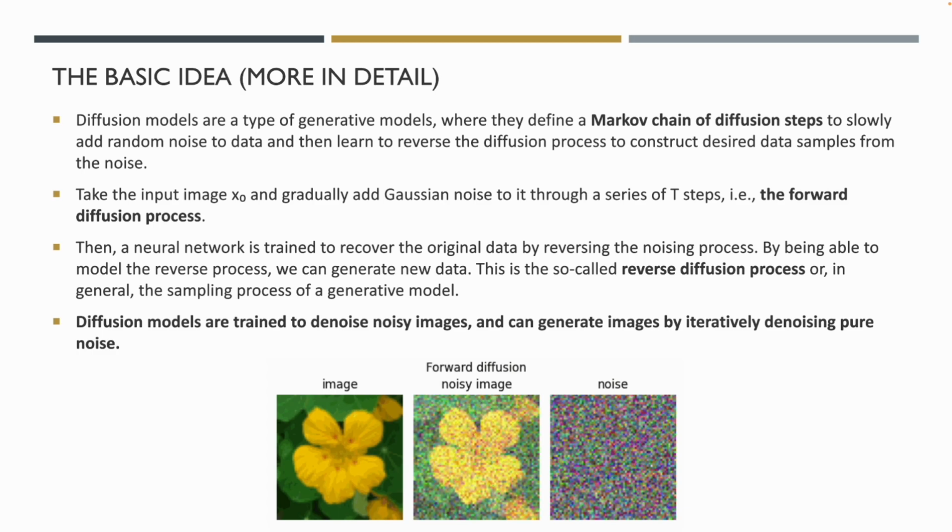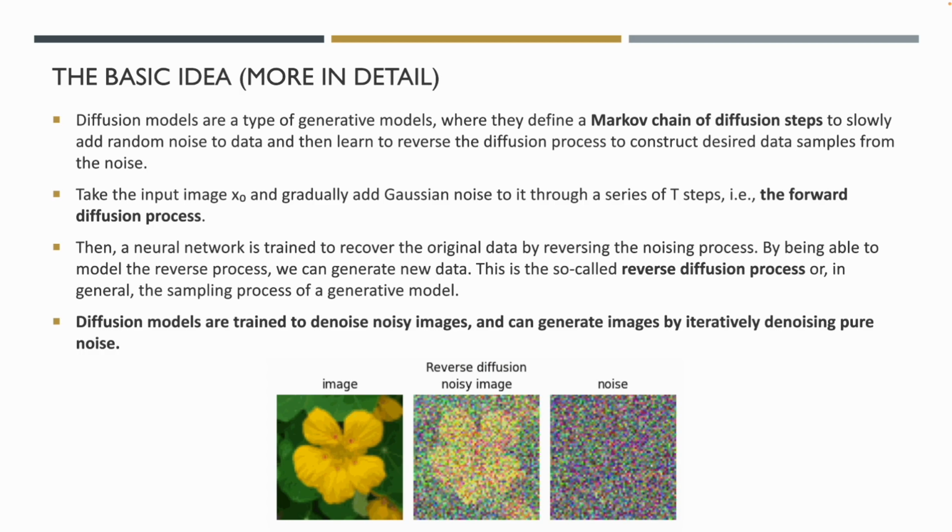The first is to take an image, let's call it x0, and gradually add Gaussian noise to it through a series of t steps. This is the forward diffusion process. Then a neural network is trained to recover the original data by reversing the noisy process. Being able to model the reverse process, we can generate new data. This is the so-called reverse diffusion process, or in general, the sampling process of any generative model.